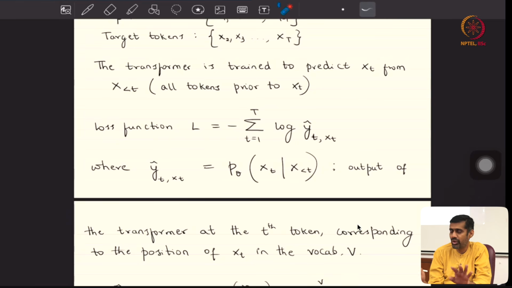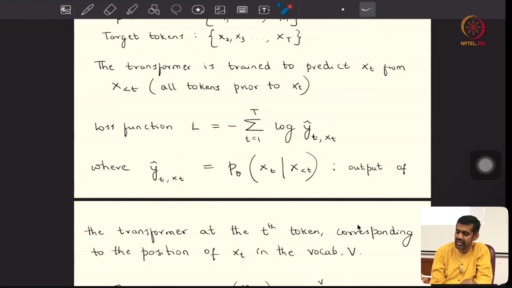During training you take these sentences, take till t minus 1, predict the tth one, and you have this cross entropy loss and backpropagate, that is it. During inference there is an input prompt, that is your first t tokens, predict the t plus 1 and then append it, predict t plus 2 and keep doing it, that is it. The way you do it in an LSTM, same thing.